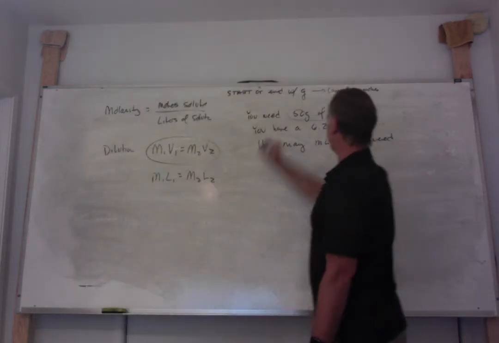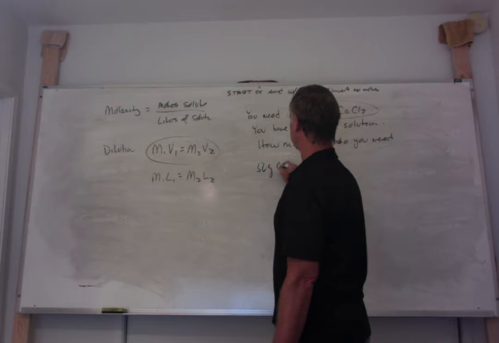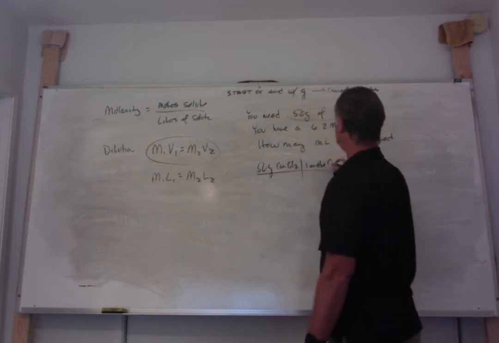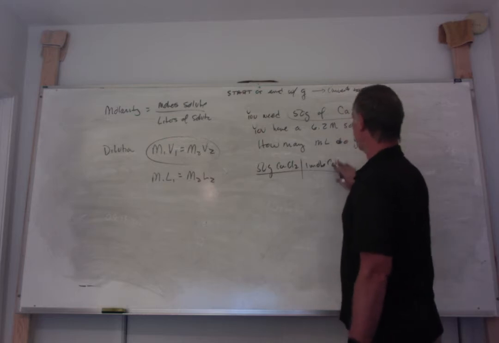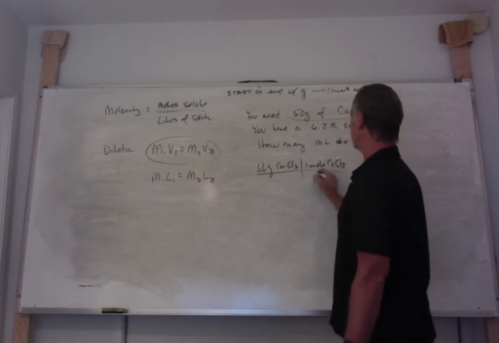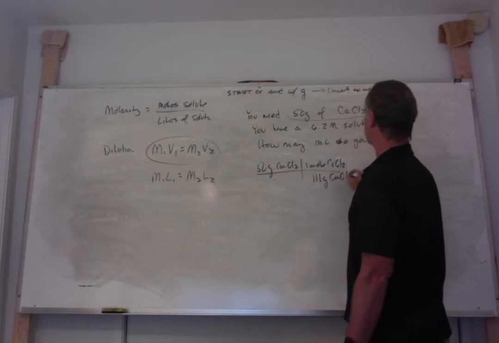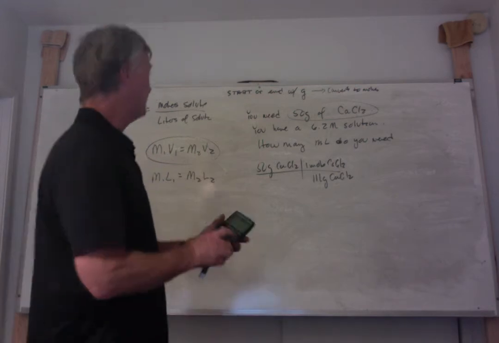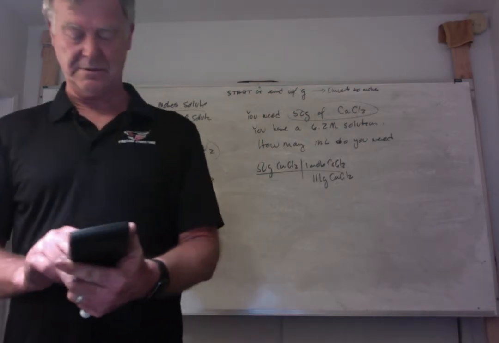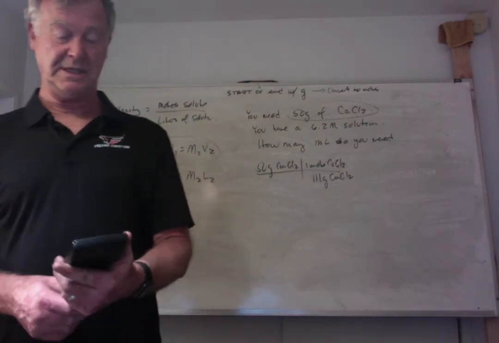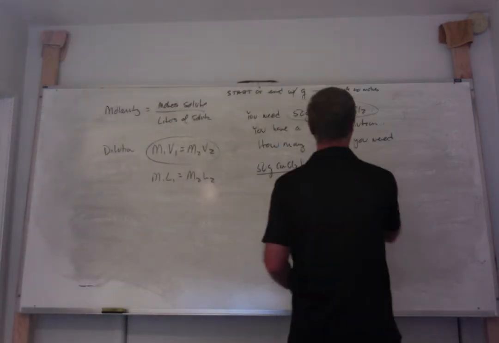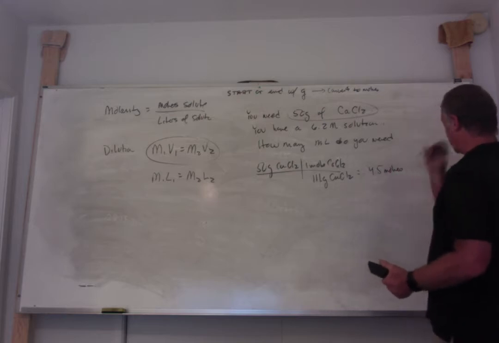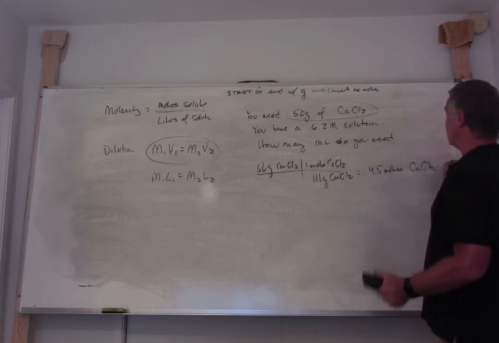Because we started with grams, the first thing we'd do is go 50 grams of calcium chloride. 1 mole of calcium chloride happens to be 111 grams. And so 50 divided by 111 is 0.45 moles. So we have 0.45 moles of calcium chloride is what we want.